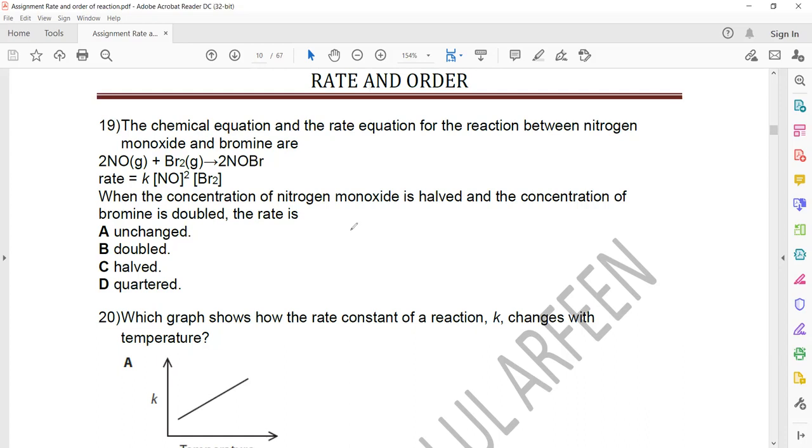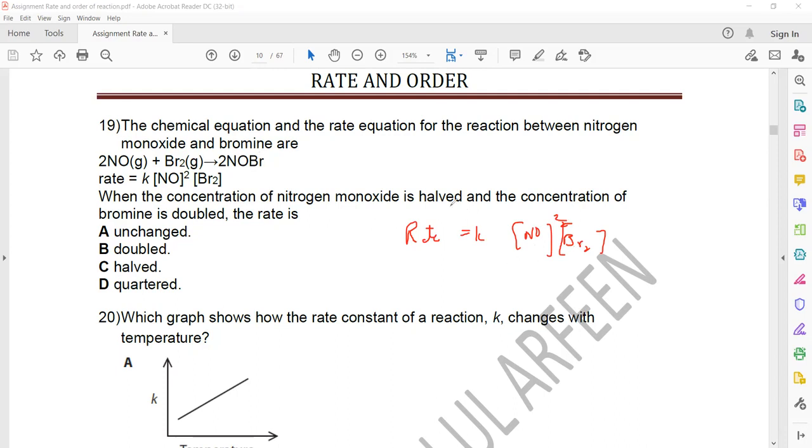How can we work it out? We always check the rate equation, not the overall equation. But in this case, the overall equation is consistent with the rate equation. It is second order with respect to nitrogen monoxide and first order with respect to bromine.